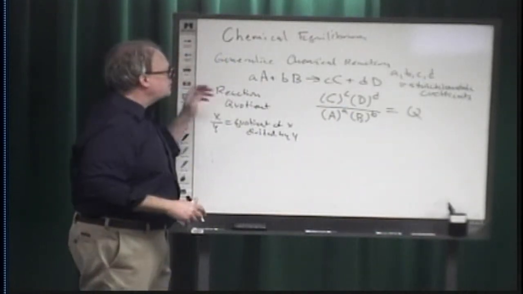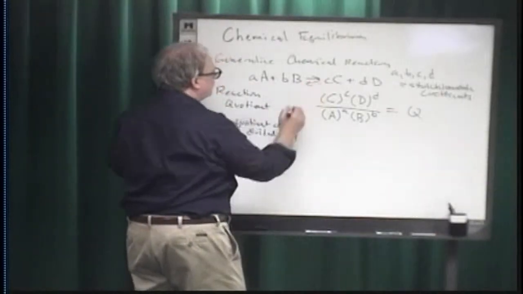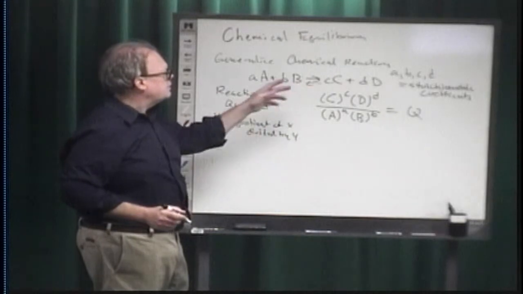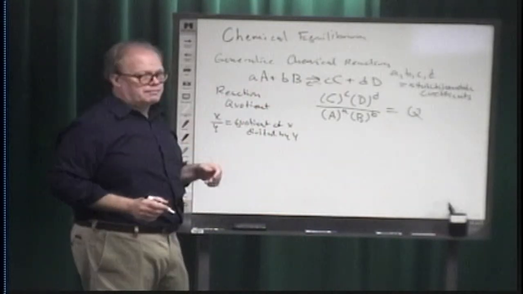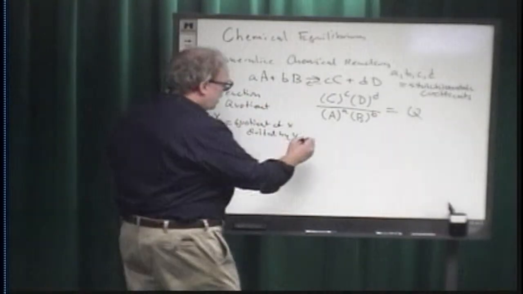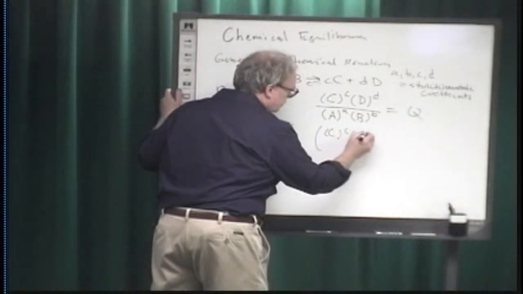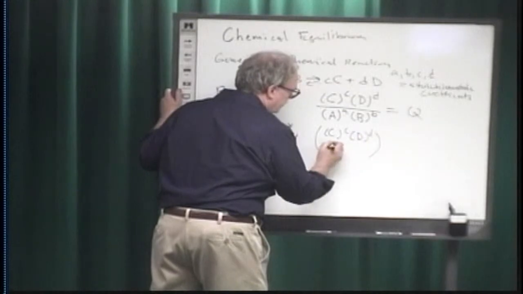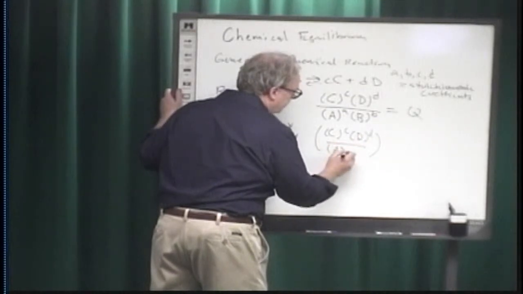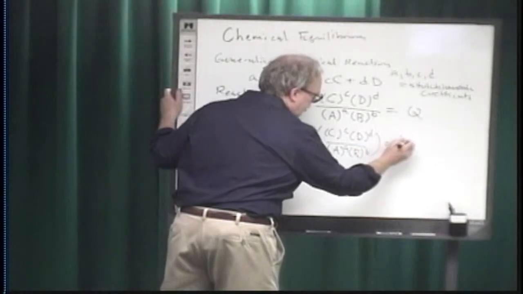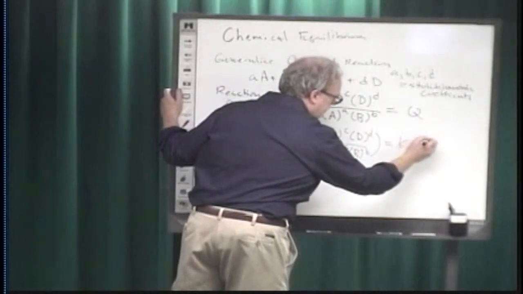So again, this would be a dynamic equilibrium where the rate at which A and B are reacting to go to C and D equals the rate at which C and D are going back to A and B, okay? In that case, at equilibrium, the reaction quotient expression takes on a specific value, which we call the equilibrium constant.